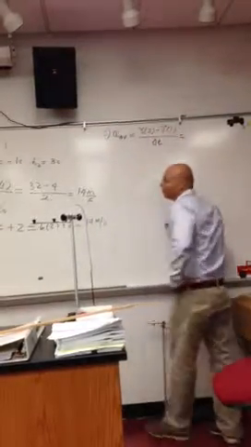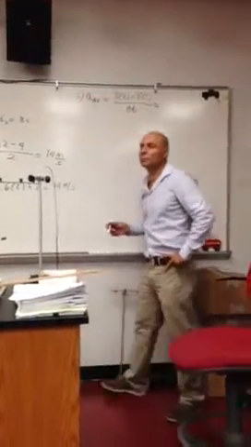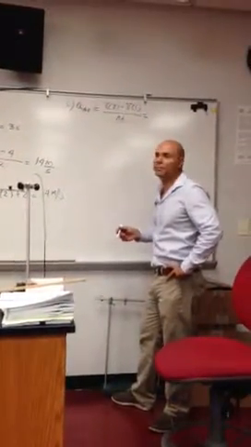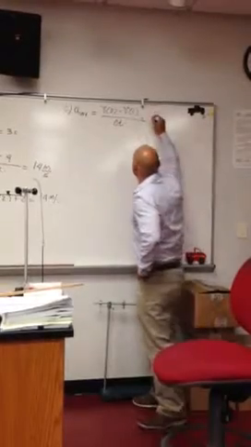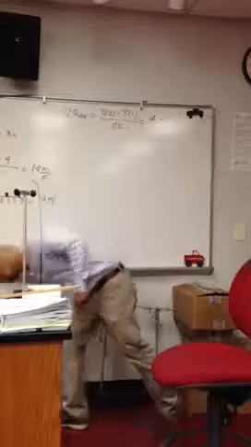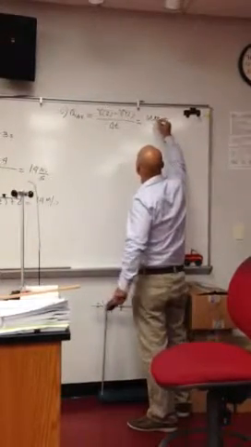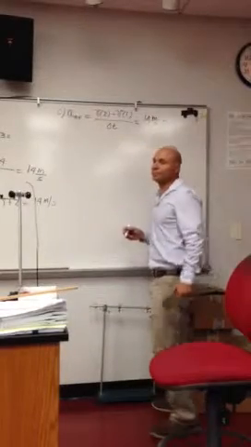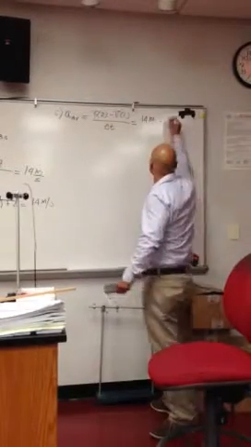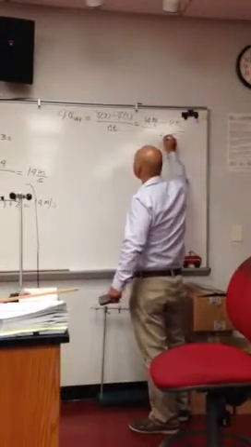Okay, V at 2. How can I find V at 2? We found it. At 2 seconds, what is V? 14 meters per second, minus V at 1, 8. Divided by 2.